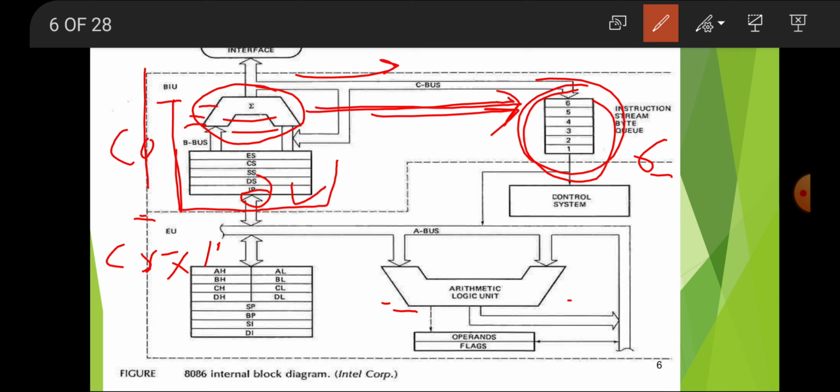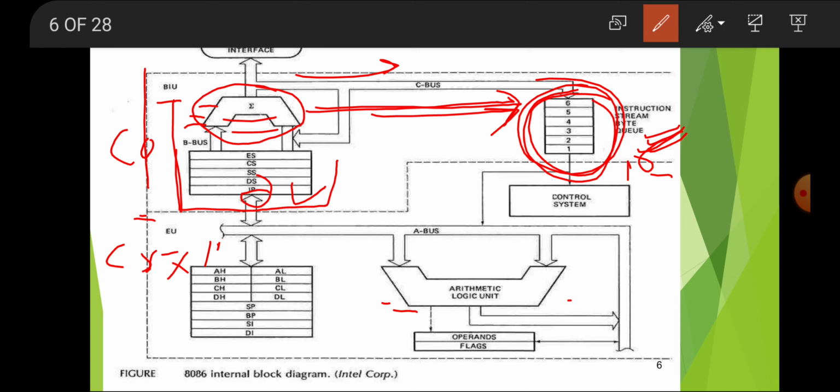When an instruction is executed, the next instructions are fetched into these 6 bytes. Whenever the next instruction is going to be executed, it is fetched from these 6 bytes of data, or you can say the 6 byte instruction set.